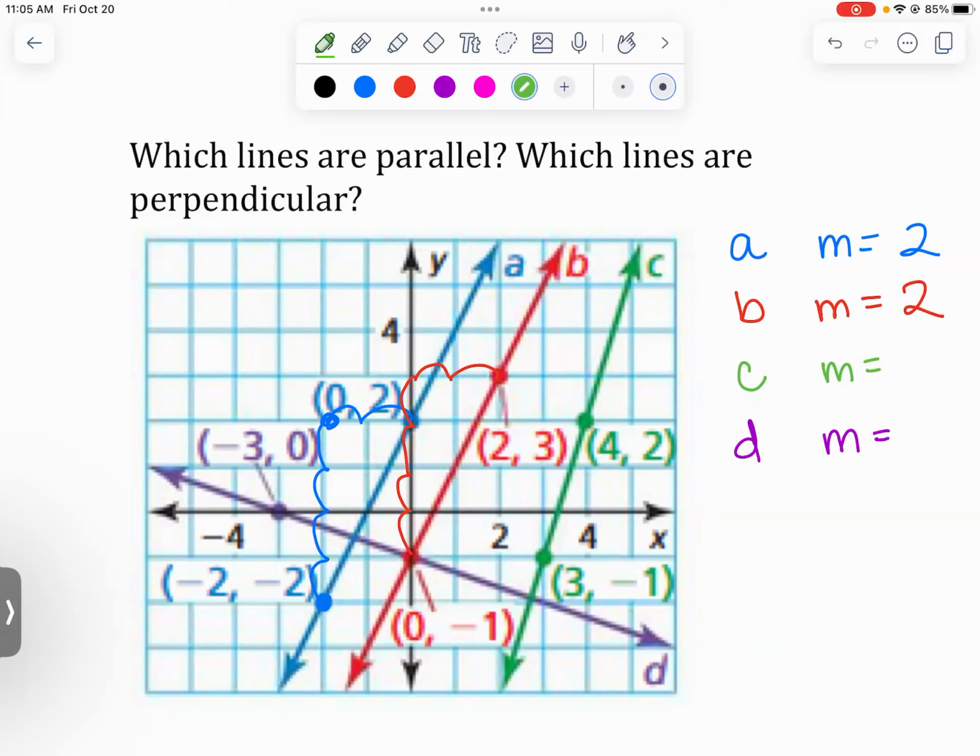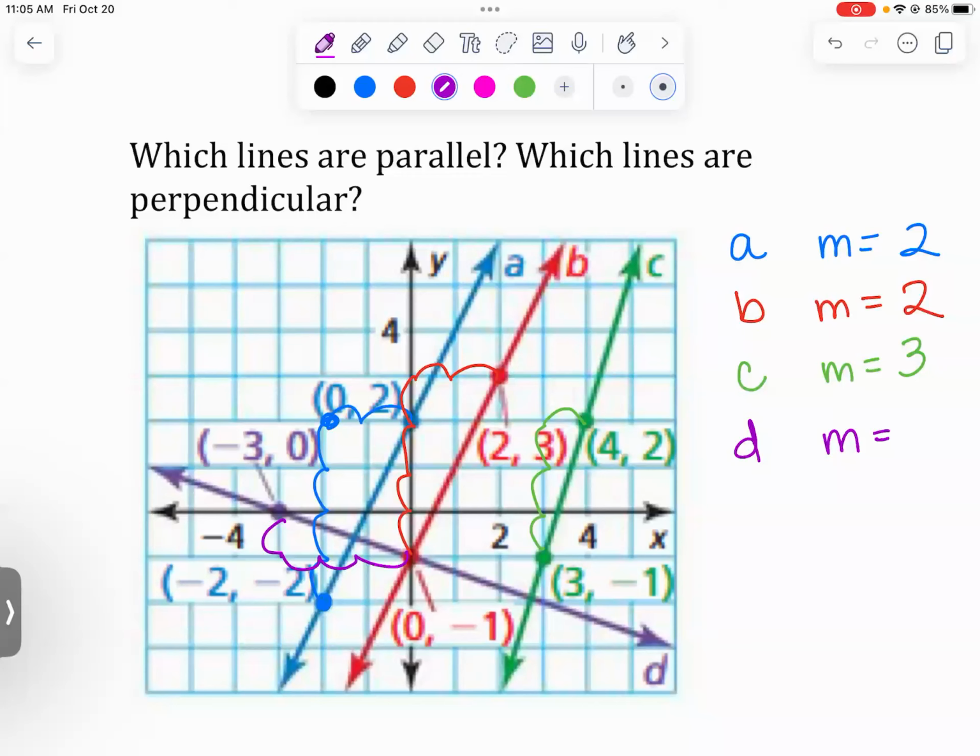Sam, what's the slope of line C? 3, 1. Okay. Harvey, what is the slope of line D? Rise over run.